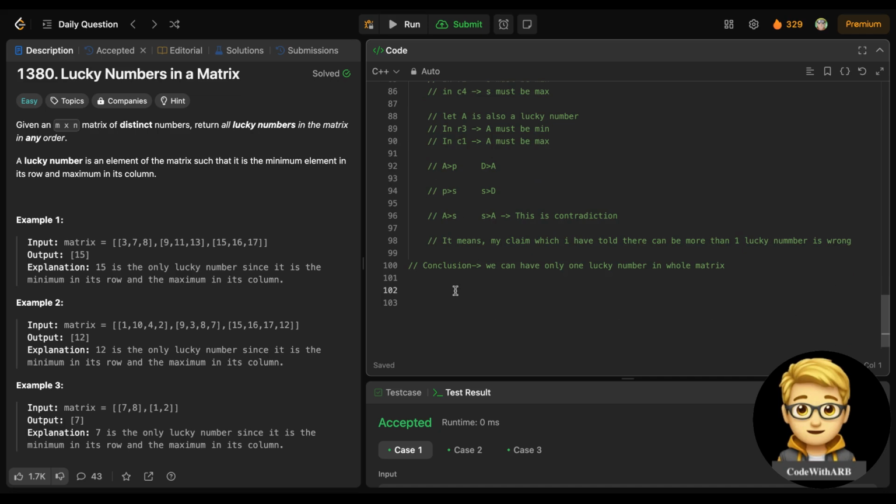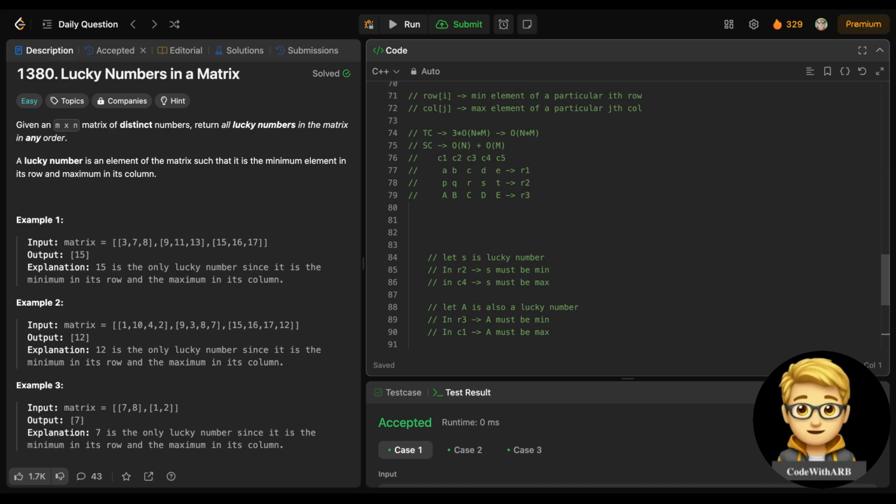So what we'll do is find the minimum in each row and take the max value among the minimum values of each row, right?